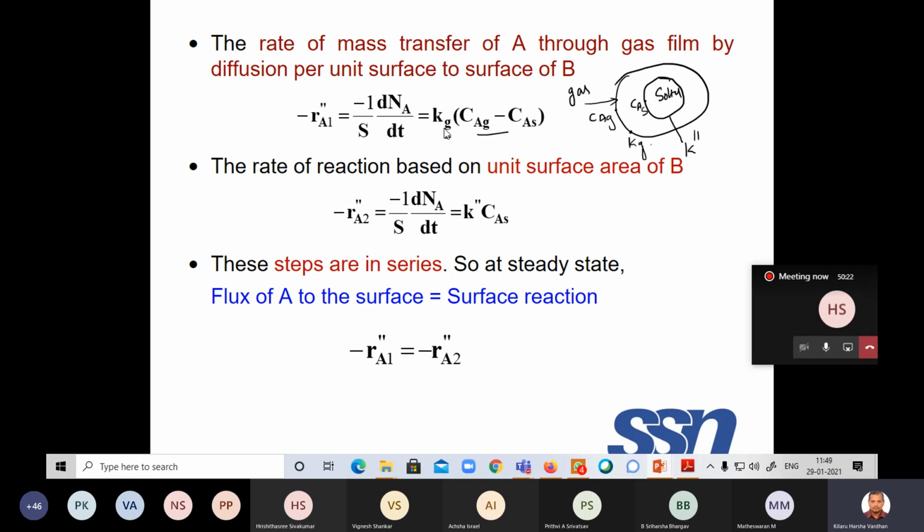Since there is mass transfer, not all the gas is on the surface, only some amount of gas is on the surface. How much gas is on the surface depends on its gradient from bulk to here. How to calculate the gradient? This is the gradient. And how much is transported depends on its mass transfer coefficient. So generally Kg is the mass transfer coefficient. As you say, K prime, whatever you call it, is called the rate constant. Yes, absolutely correct in your terms.